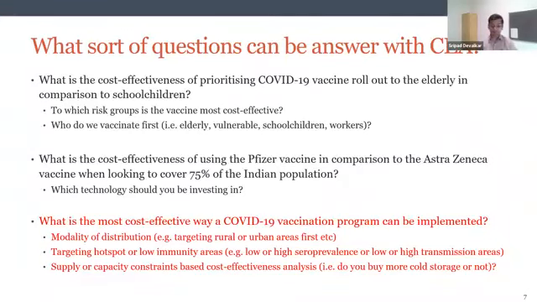And should it be based on available supply? Should it be based on available capacity and so on, right? So you could think about many different criteria based on which an allocation strategy could be designed, and then measure the cost effectiveness of implementing such a strategy.